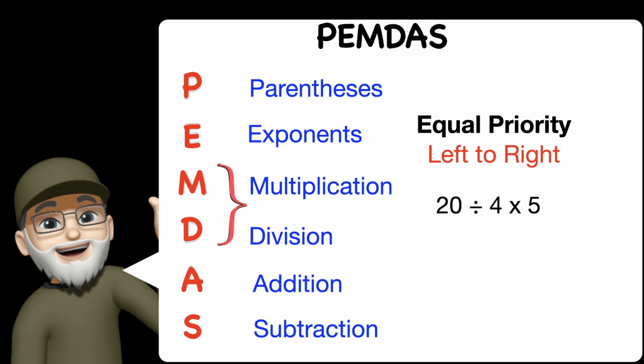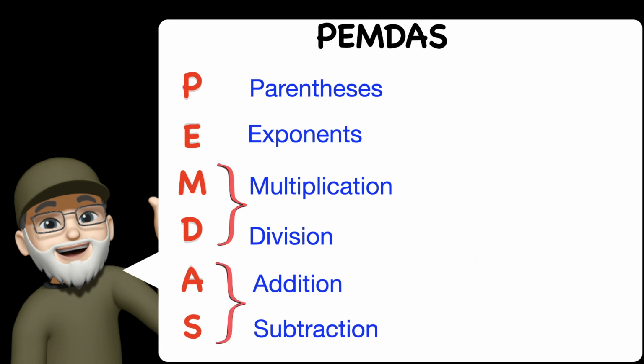For example, 20 divided by 4 times 5 has division on the left side, so we do that first and then do the multiplication to the right. If the order was switched with the multiplication to the left, we would do that first and then do the division to the right.